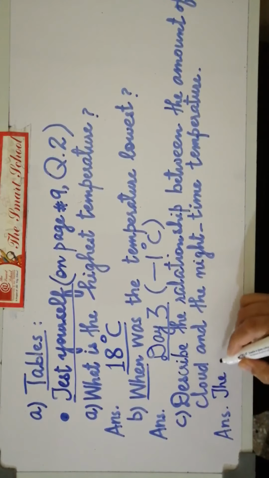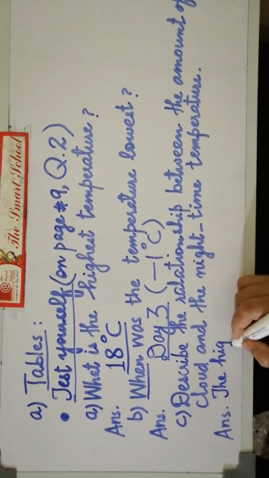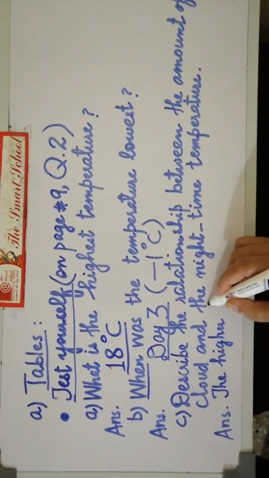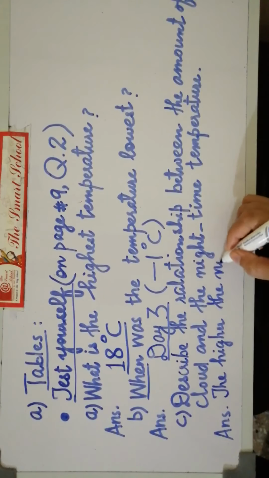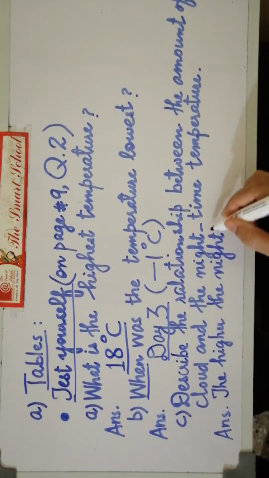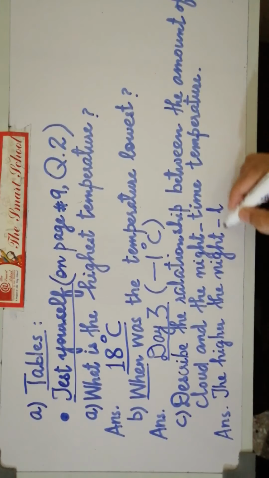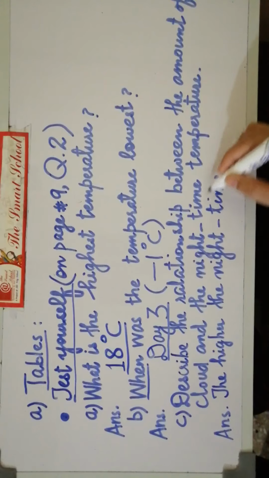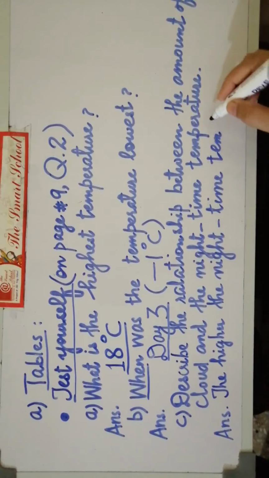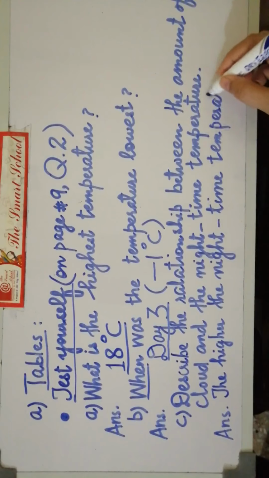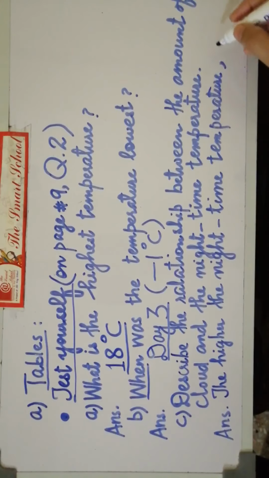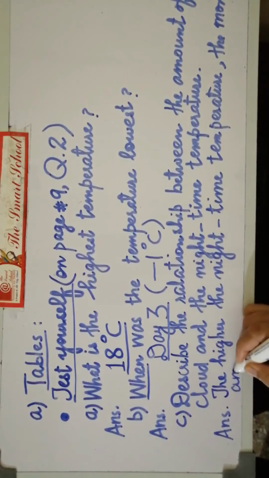As we can say, the higher the nighttime temperature, so write your answer in your book: higher the nighttime temperature, the more amount of cloud will be seen in the sky.